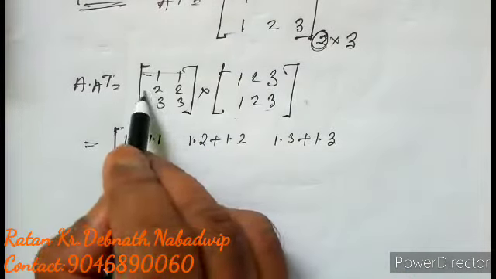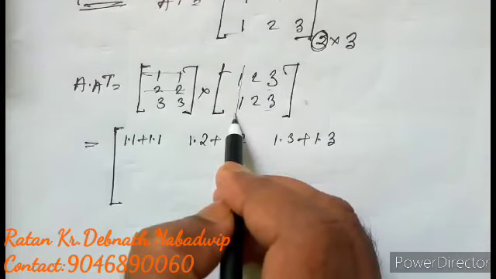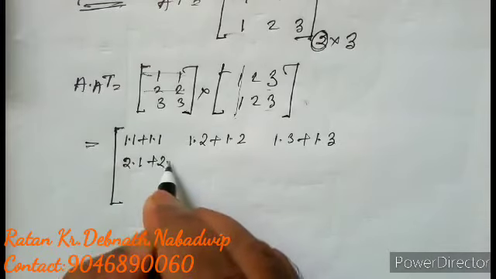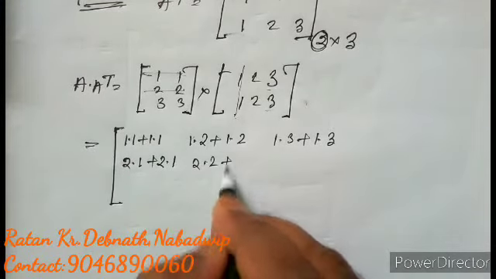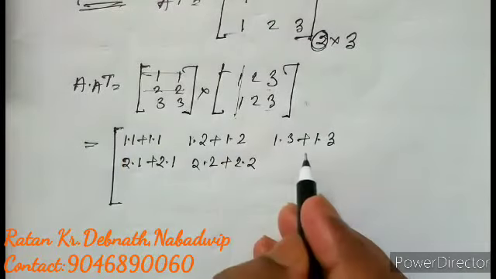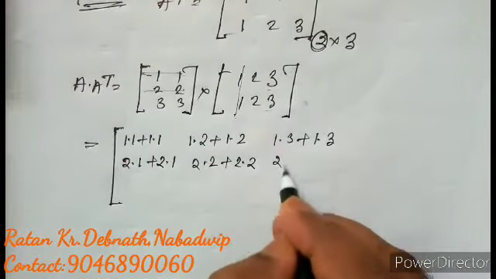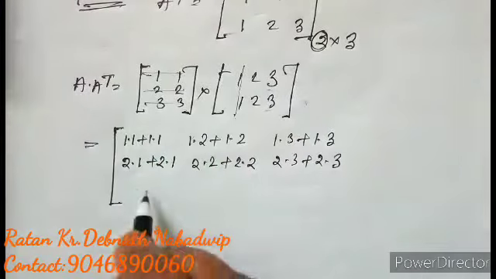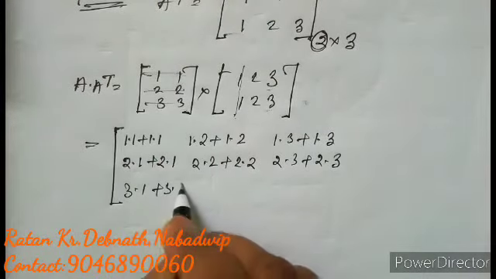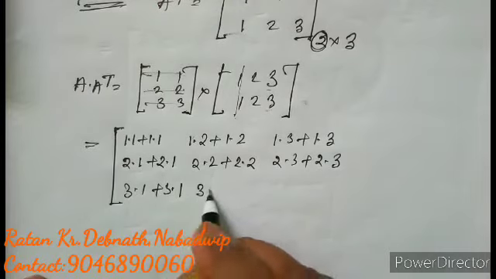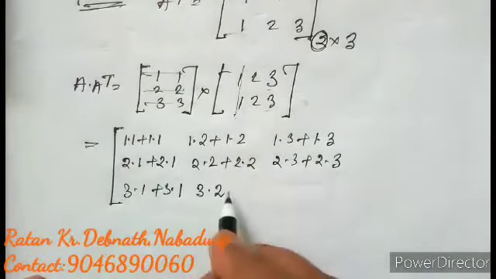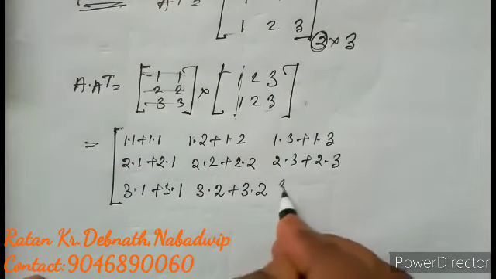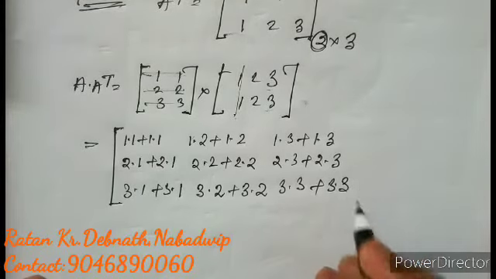Similarly, for the second row, this with this: 2 into 1, 2 into 1, 2 into 2 plus 2 into 2, 2 into 3 plus 2 into 3. Next, this with this: 3 into 1 plus 3 into 1, 3 into 2, 3 into 2, 3 into 3, 3 into 3.